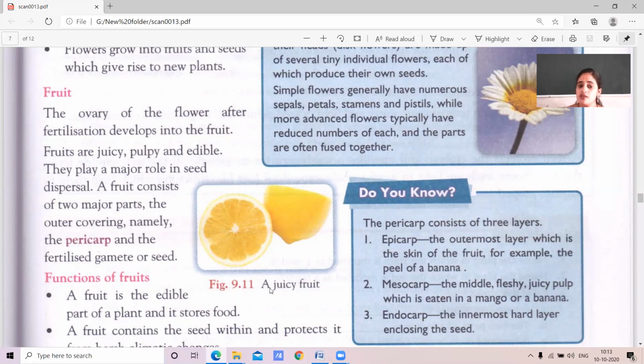Outer covering called the pericarp, and the fertilized gamete or the seed is present. Isn't it, children? Yes. Fruit is a juicy, pulpy and edible part. The fruit consists of outer covering and inner seeds.